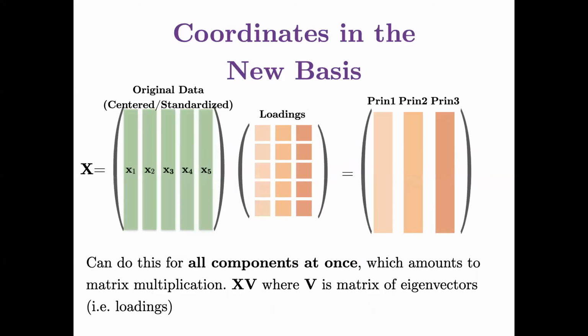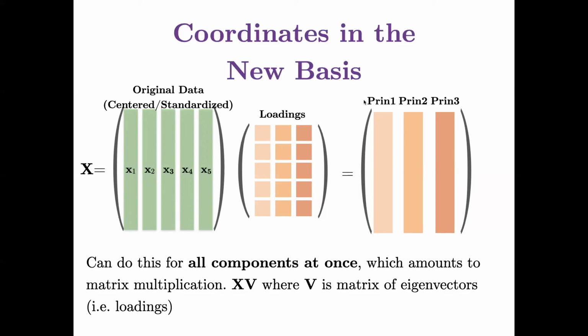And we can do this for all the components at once, which amounts to matrix multiplication. We multiply our data matrix, either centered or standardized, by our matrix of eigenvectors, which are the loadings. And on the other side, we will get our new set of coordinates.